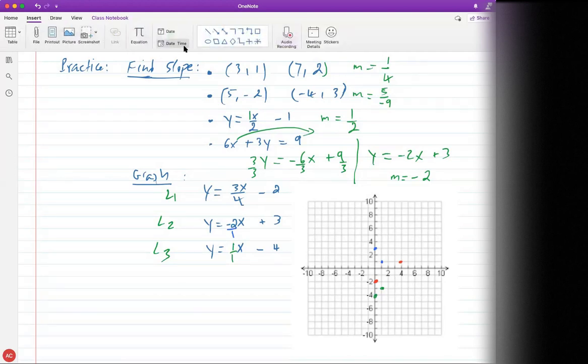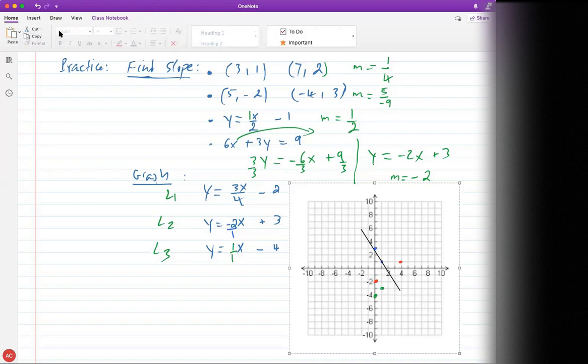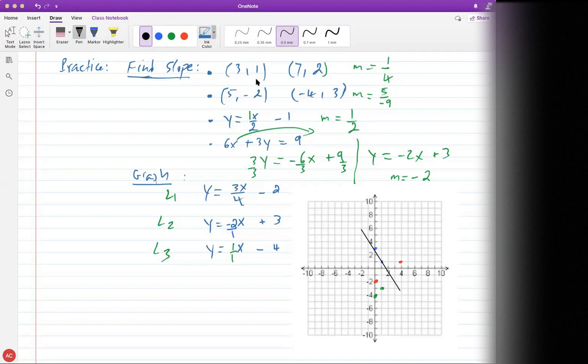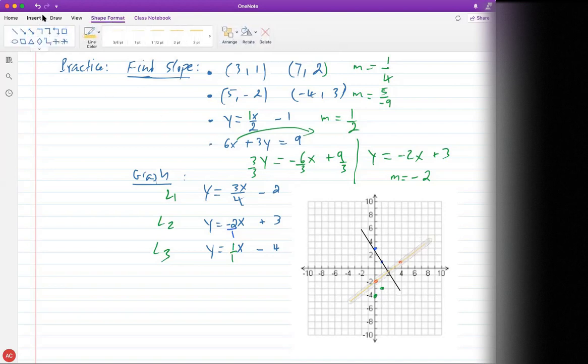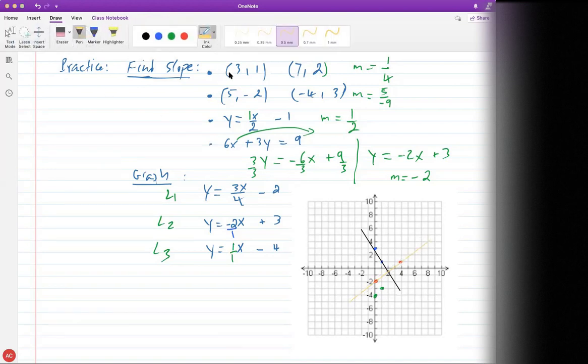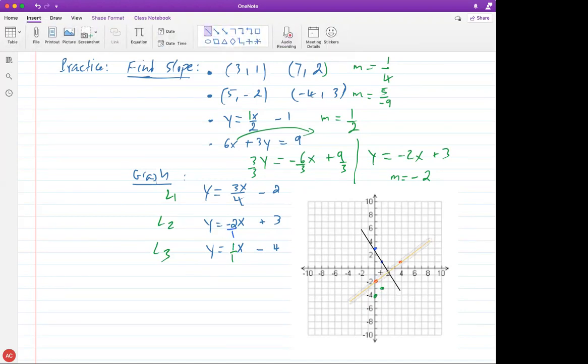So let's say the first one is here, the second one would be this, and finally some other line will be this one with the green points.